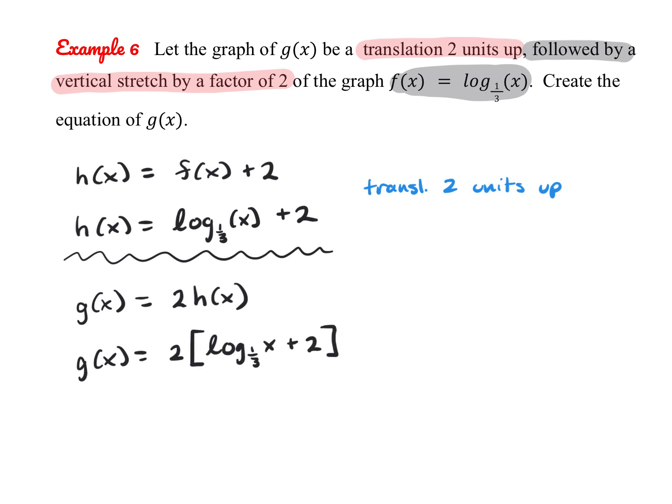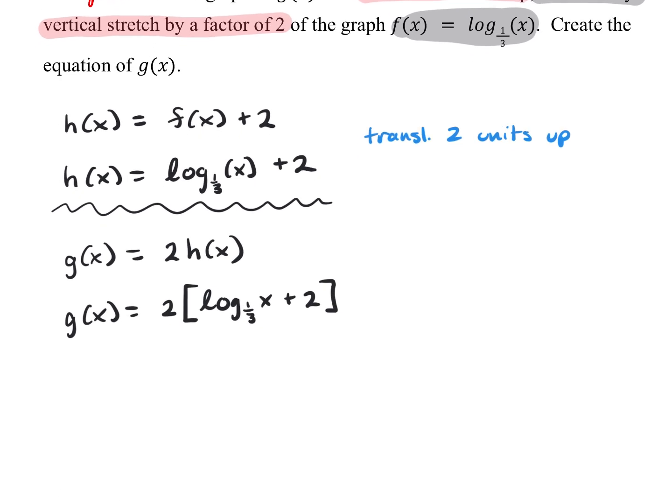I think these vertical stretches oftentimes cause issues for people because it'd be very common to go and just put a 2 in front here and forget to multiply this by 2. You have to multiply the entire function, which means you need to multiply both parts. So our final result is 2 times log base 1/3 of x plus 4.